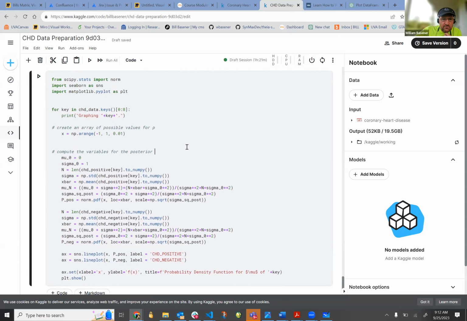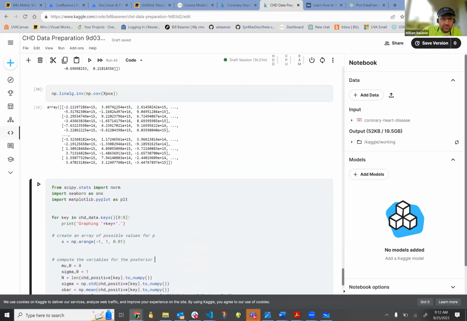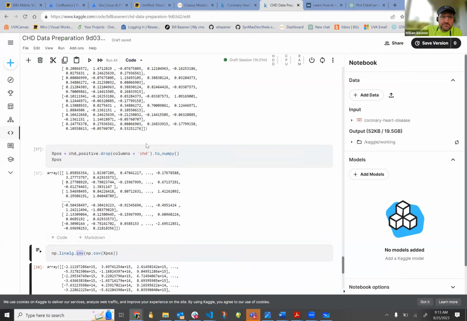We'll parse that in more detail. Okay, so this is computing the covariance, and then it's computing the inverse. So this is going to be playing a role.